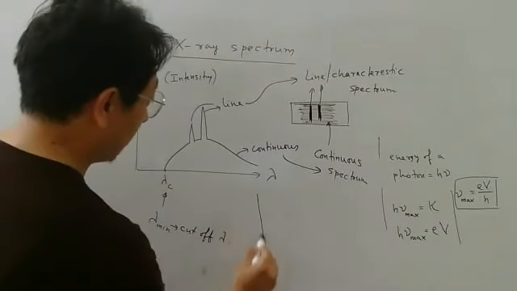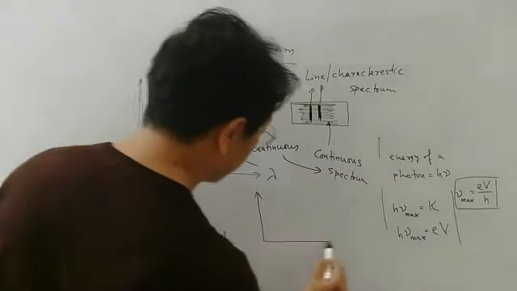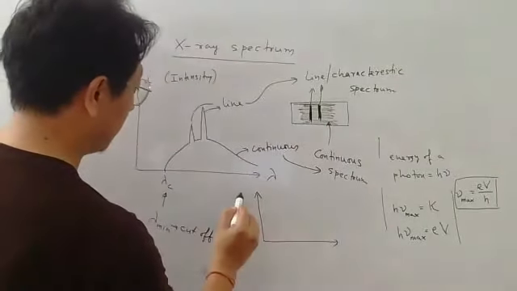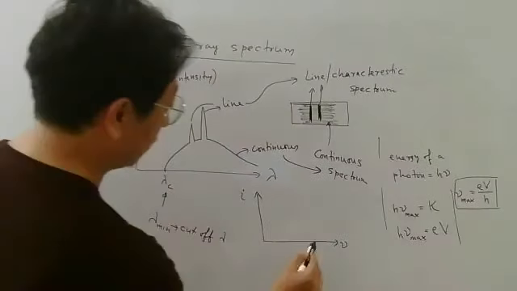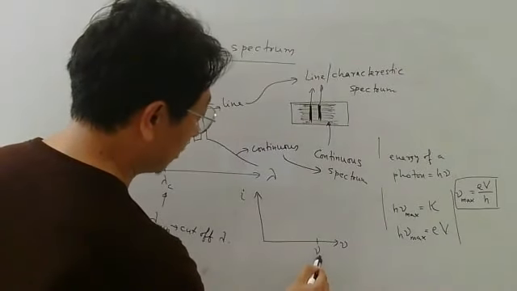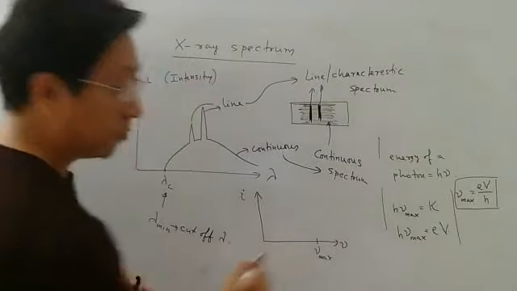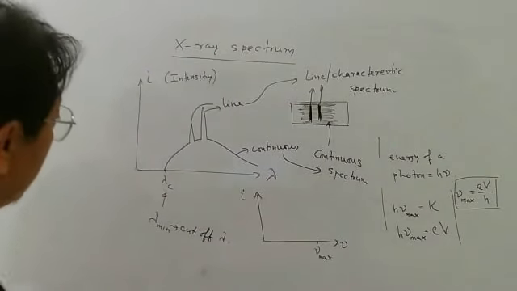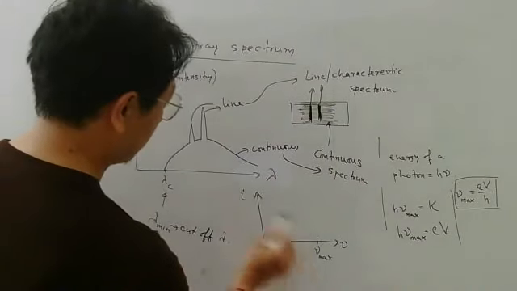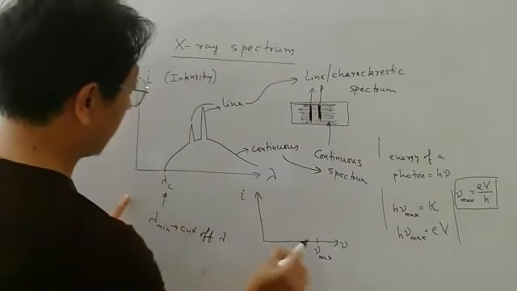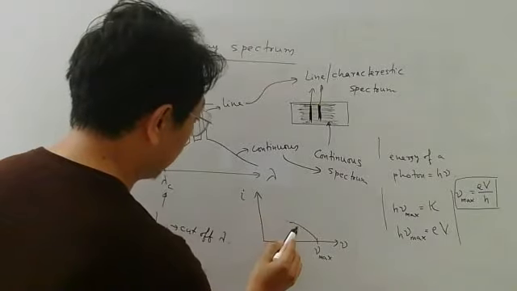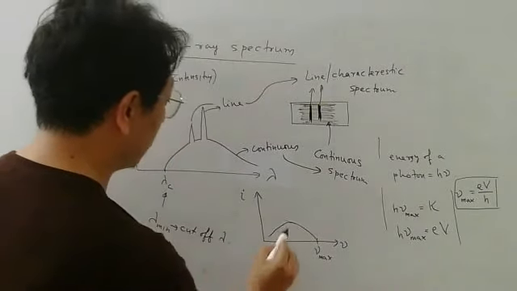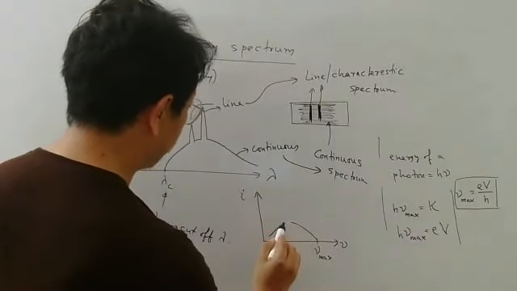What if you plot intensity versus frequency? Then how will it look? It will have a maximum frequency above which you will not get any spectrum. Yes or no? And the graph will have a nature something like this. For high frequency also, low frequency also, then there will be some peaks.